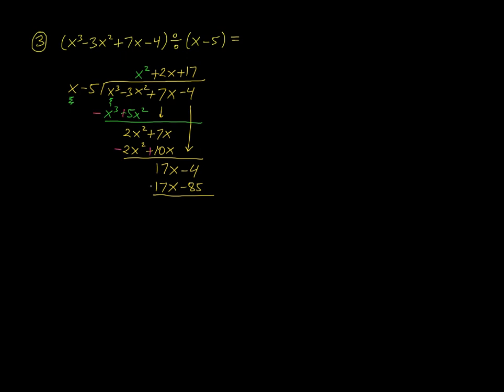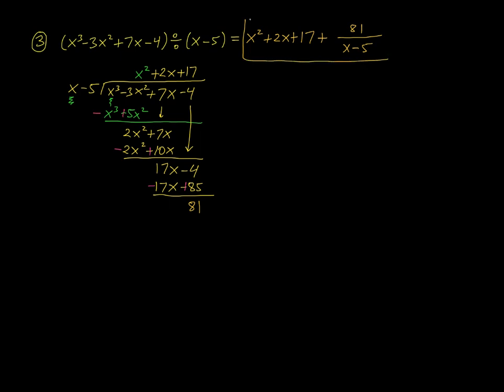So then go ahead and subtract, and the 17x's drop out, and I'm left with an 81. Okay, so now to write our answer, we have for our quotient x squared plus 2x plus 17, and then plus the remainder of 81 divided by the divisor of x minus 5.